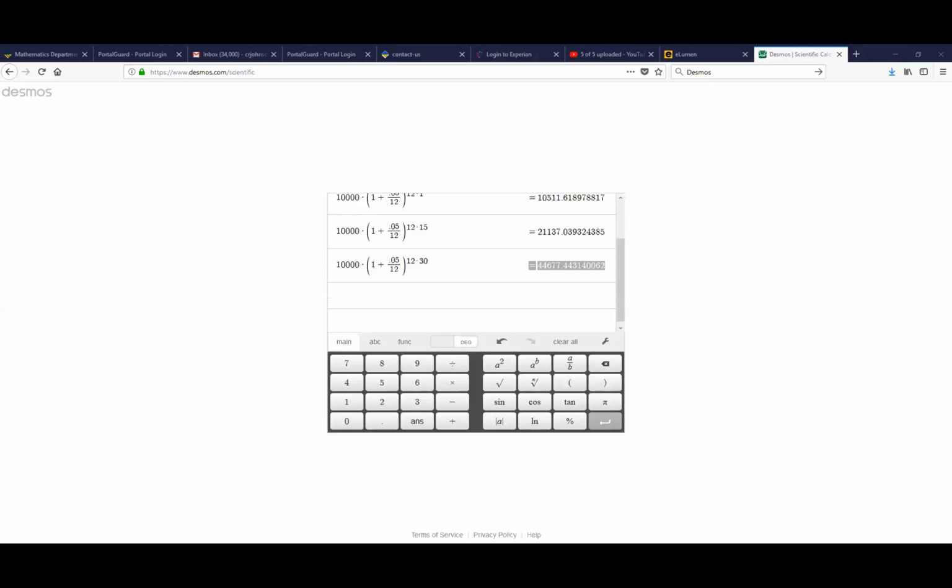So that's how the compound interest formula works. And this concludes the video for section 11.2, exponential functions. Objective 5, use exponential models that describe our world.